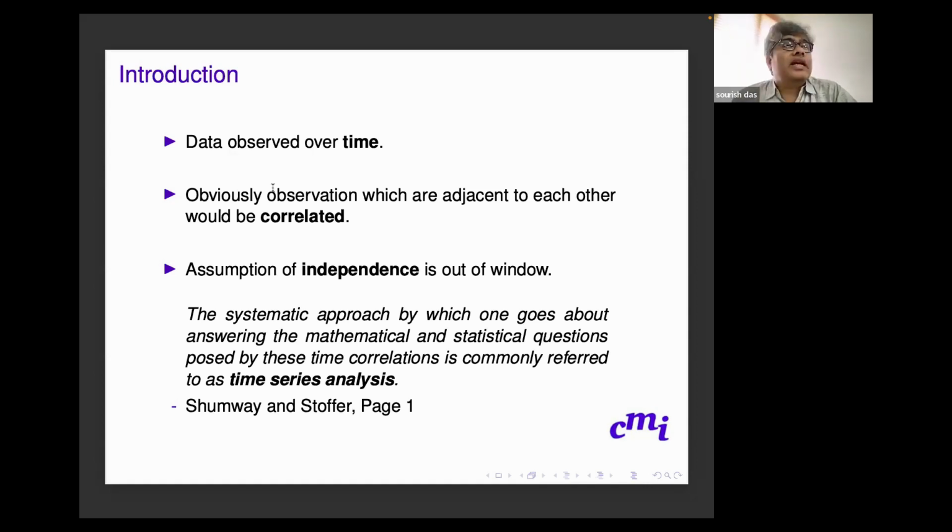Any standard statistical analysis that you have learned in your probability and statistics course, and many algorithms you have learned in data mining and machine learning, all assume that the instances are independent.